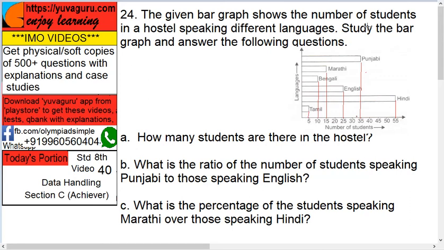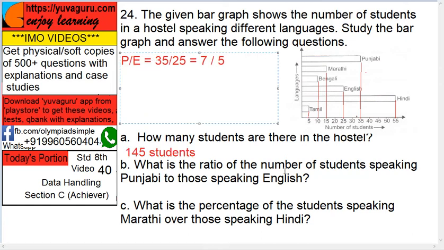So what is the total number of students? All these students, Punjabi, Marathi, Bengali, English, Hindi and Tamil, total up to the total number of students. So just add them. 55 plus 35 plus 25 plus 15 plus 10 plus 5. So total is 145. Answer is 145 students.